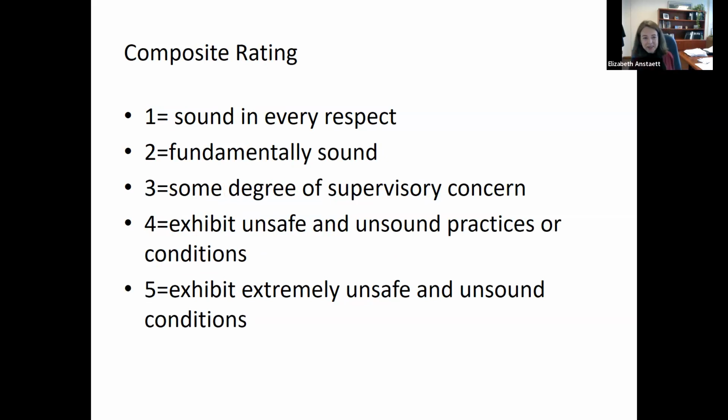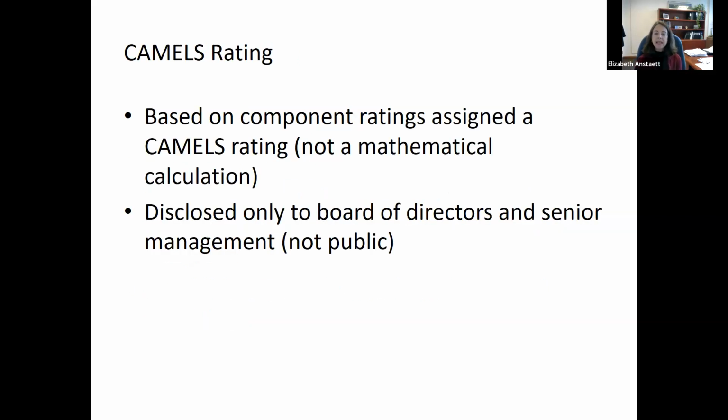As we see in all of these 5-point systems, the bank needs to really be in 1 or 2, and ideally, of course, always in 1. We hope no one ever gets down to 5. So what is quite different about this whole process, and keep in mind that it's a very intrusive process, like I said, examiners can look at anything, is that it is not public.